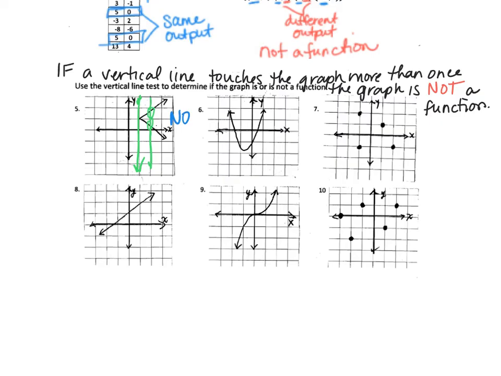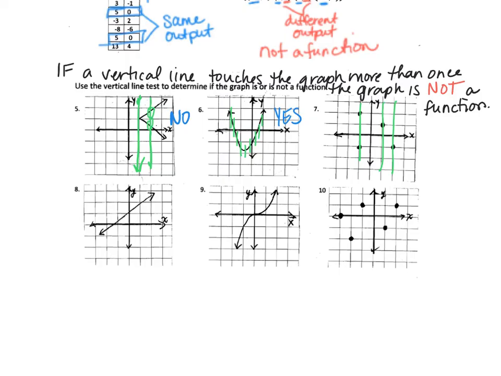If I draw vertical lines across the graph for 6, this parabola, doesn't matter where I go, and remember I'm not talking about the coordinate plane, I'm just talking about the parabola. No matter where I draw that vertical line, it only touches the parabola once, so this one is a function. Looking at 7, draw some vertical lines, touches 1 point, touches 1 point, touches 2 points.